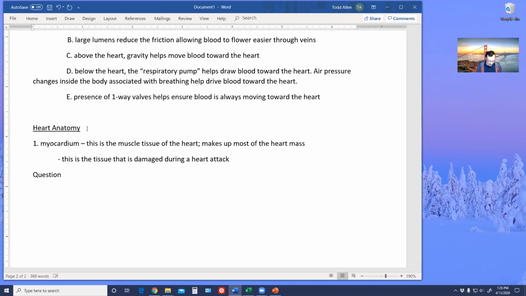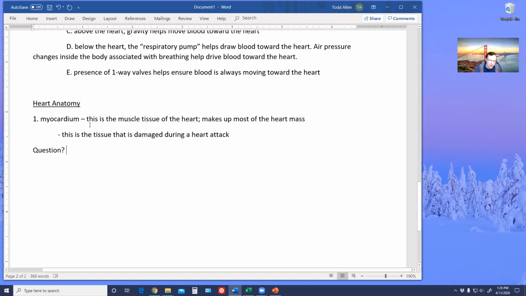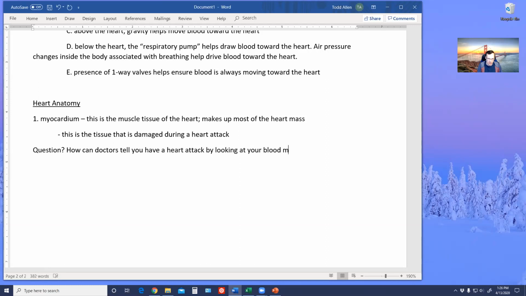Question coming here in your notes. How can doctors tell you have had a heart attack by looking at your blood makeup?